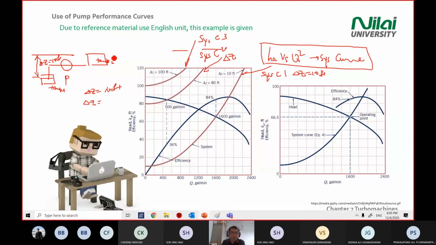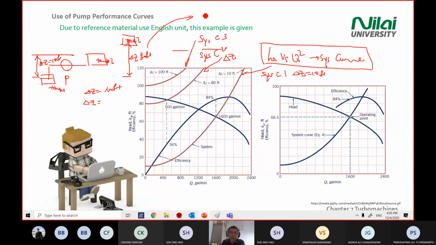What happens if you move the tank in the second scenario? We move tank 2. Now our delta Z is 80 feet. Then you do the calculation. With delta Z, you get the system curve from the HA equation.